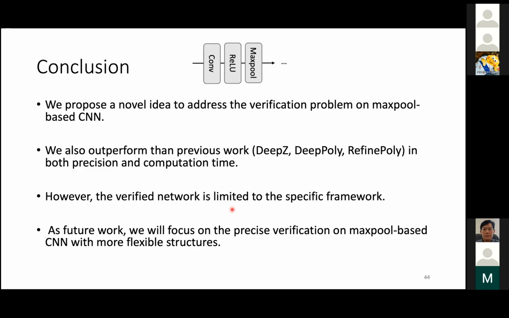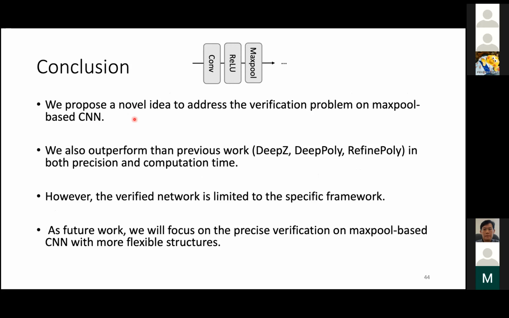So here I will give you the conclusion of today's talk. The first thing is that we propose a novel idea to address the verification problem on maxpool-based CNN. And this idea is to decompose the maxpool function, and then we combine it with the convex outer bound here.